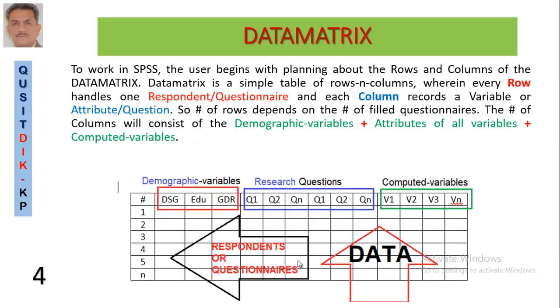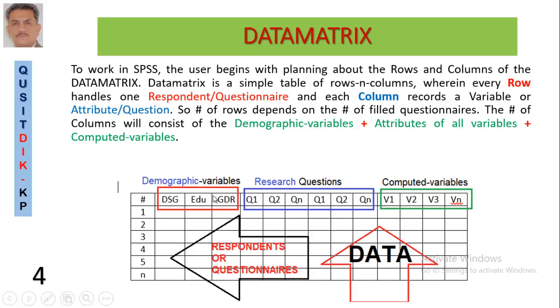An image of the data matrix may appear like that. The rows 1, 2, 3, 4 are assigned to every respondent. One questionnaire will be posted in this line and the second questionnaire will come in the second row.